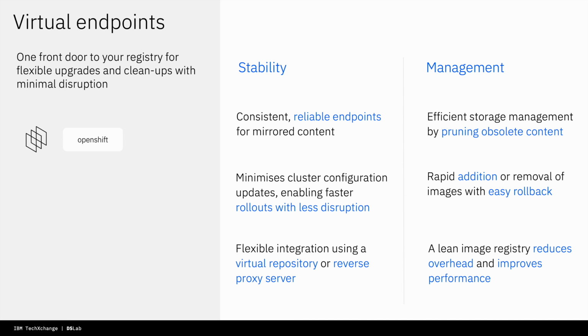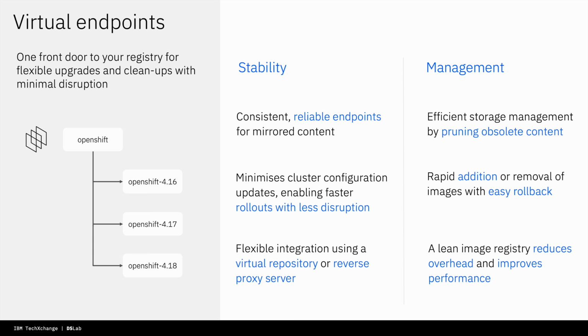Even after the IDMS is configured, we need the ability to modify the registry for upgrades and to manage registry bloat. This is where the idea of a virtual endpoint helps. It gives us a single, stable reference that enables the addition or removal of images from the registry without ever touching the machine config.